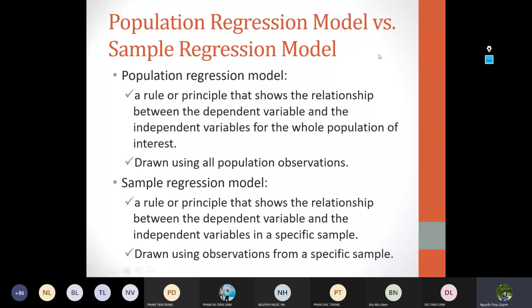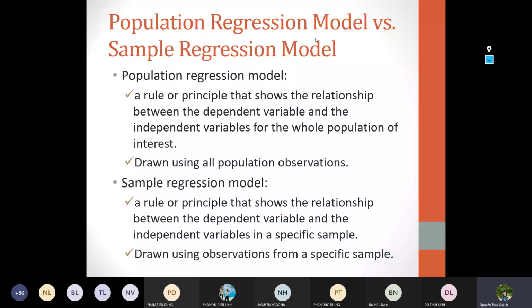A regression model is usually a rule, often expressed as a mathematical equation, that shows the dependence of the dependent variable on the independent variables.